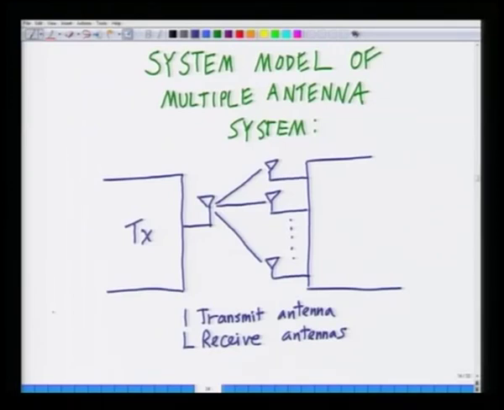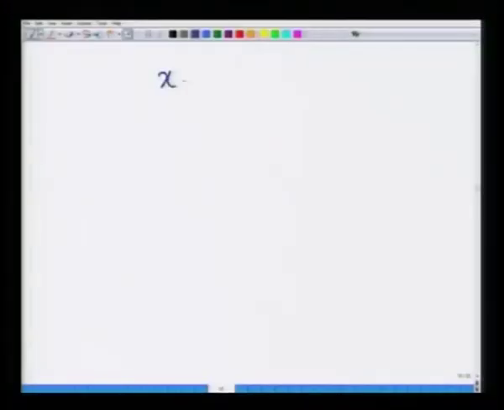This is known as an Lth order diversity system. Now, let us go to the formal system model, where X is the transmitted signal.